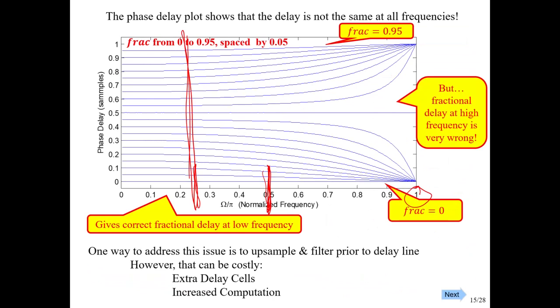So that's a problem. Now, one way that we can address this is to just increase the sampling rate before we apply the vibrato. So we upsample and filter to get rid of the images. So this is to increase the sample rate, and then put things into our delay line. Say we just went up by a factor of 2 in sampling rate.